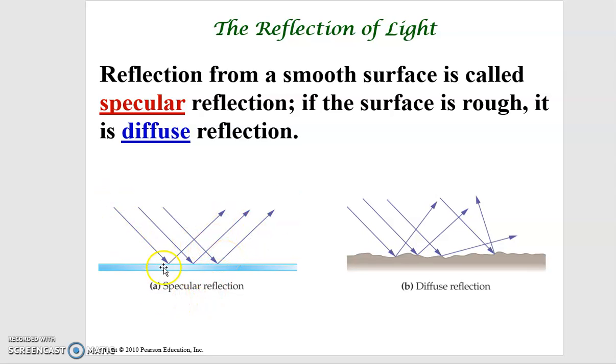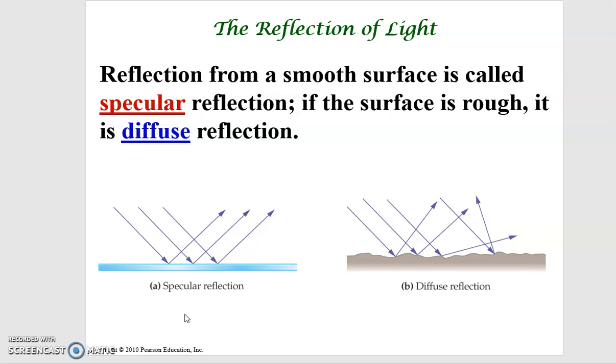The simple reason is that they all follow the law of reflection, and since the plane is flat, it is not a surprise that all the reflected light is parallel. This kind of reflection is called specular reflection.